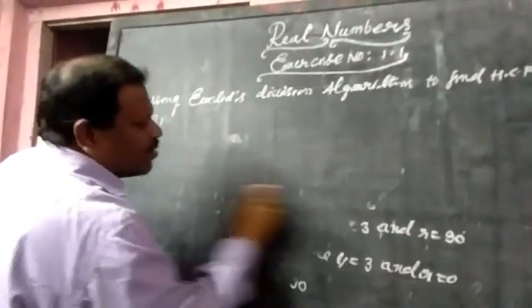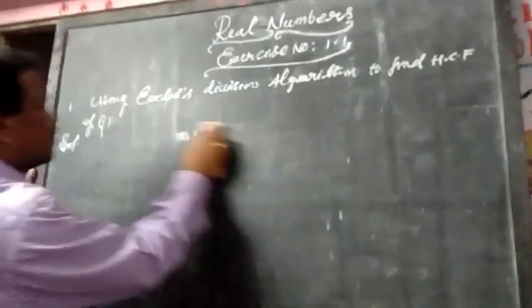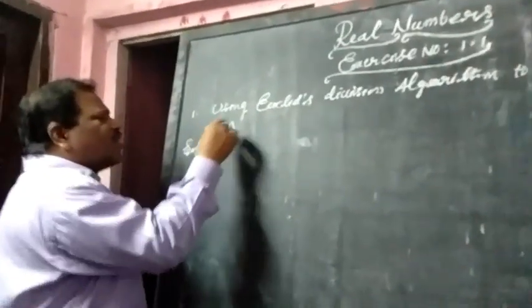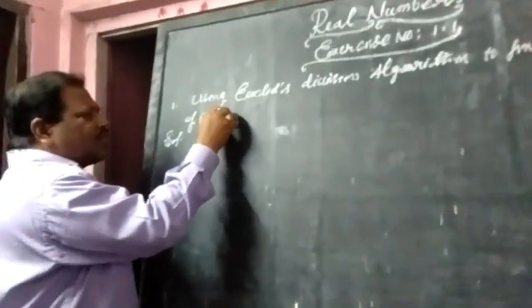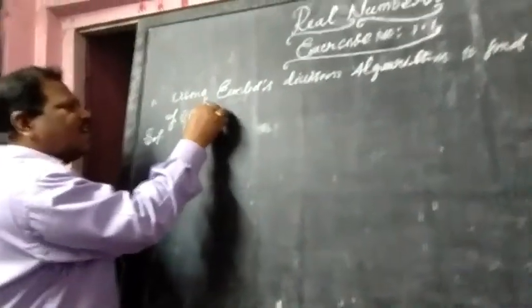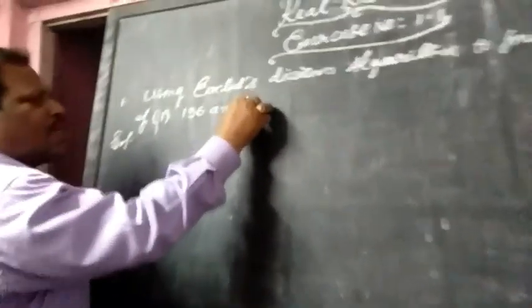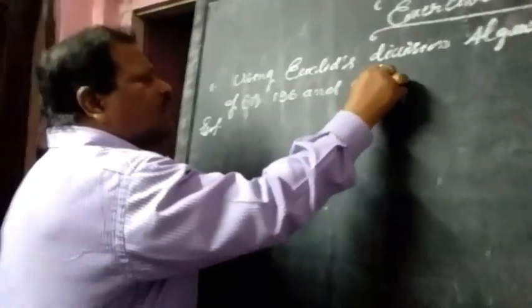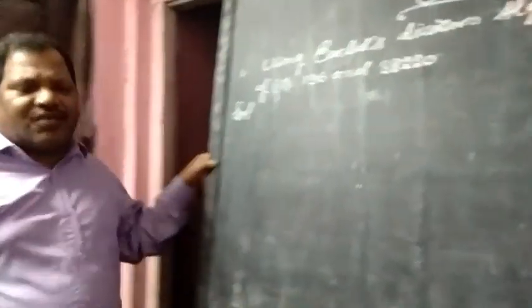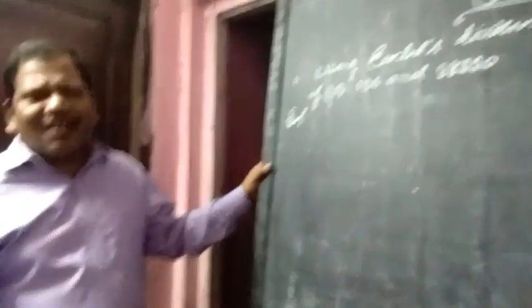Next, sum number 2. What is the value of sum number 2? First, what were the given values? 196 and 38220. Now reduce. So what is the largest number?